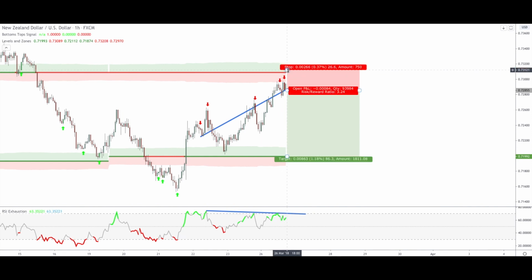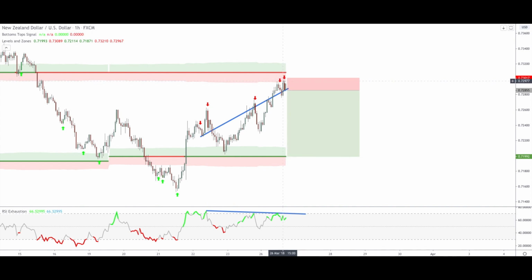If then you want to be super aggressive, you can just set the stop loss down here, because you are basically giving a bit more room to go in addition to the most recent high point. So the most recent highest level is this one.